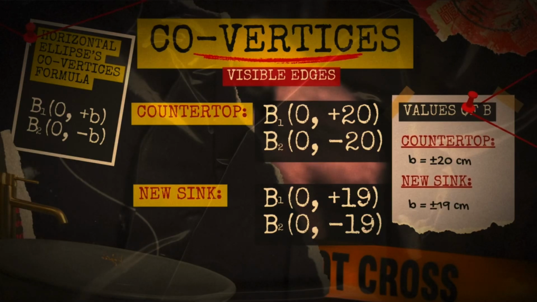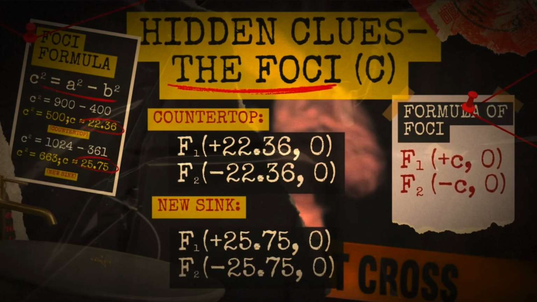Next, we will need the value of the foci. Foci are special internal points. We find them with c squared equals a squared minus b squared. The foci is basically the value of c. In order to find the foci of our exhibit A, or the countertop, we will need the value of our a squared and b squared.